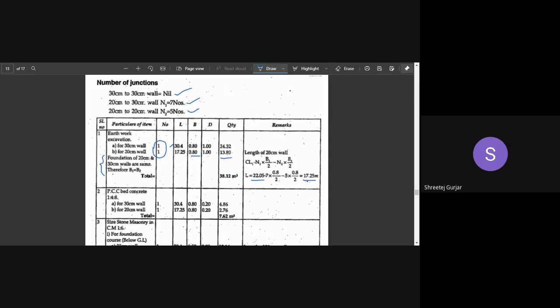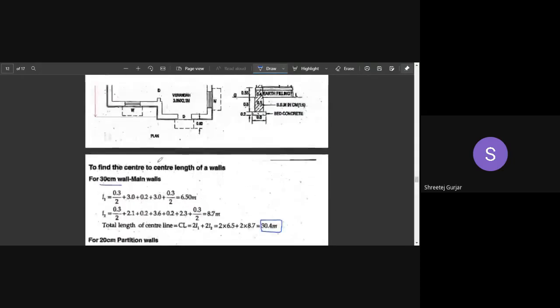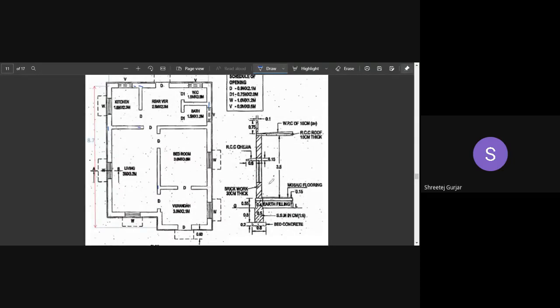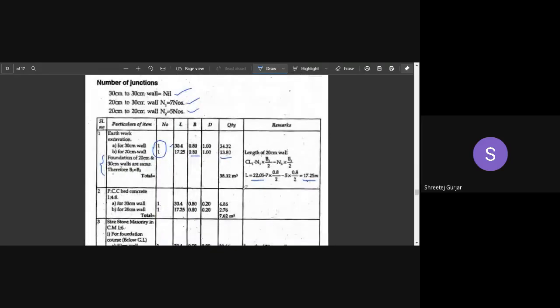The partition walls and the external walls, the thicknesses are different, but the foundation that they have given here, you can see, they are same for both the 20 centimeter wall as well as the 30 centimeter wall. So because of this, B1 is equal to B2. Remember this. If they had different foundations, we had to use their respective widths. So this is how you calculate the earthwork in excavation.